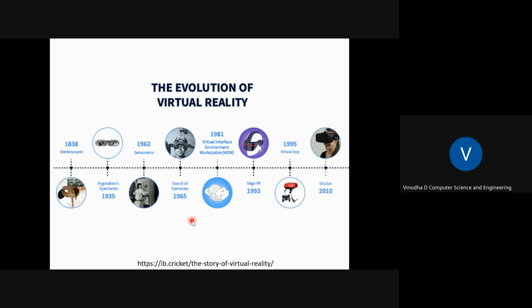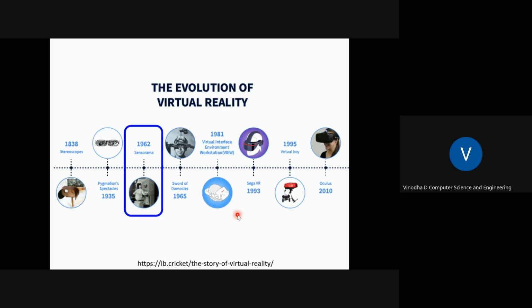And then subsequently the Sword of Damocles in 1965. And as the technology evolved, at the moment we have a gadget through which we see virtual reality, which gives you more visual perception, feel, imagination, and engagement with the content which is already preloaded.